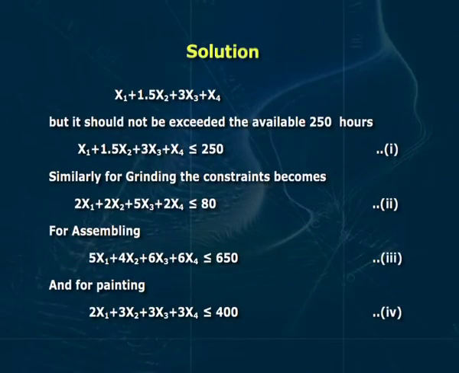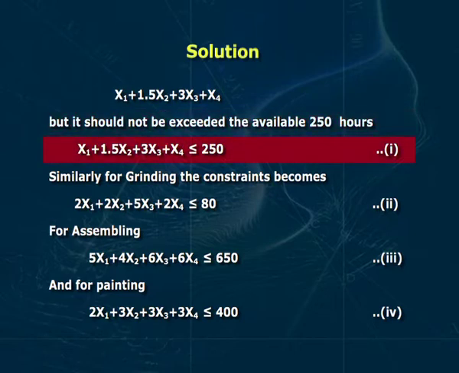Similarly, the time for machining for x2 units of type B becomes 1.5 into x2, and for products of type C and D, the time for machining becomes 3x3 and x4 respectively. Thus, the total time for all 4 types of products for machining becomes x1 plus 1.5 x2 plus 3x3 plus x4, but it should not exceed the available 250 hours.